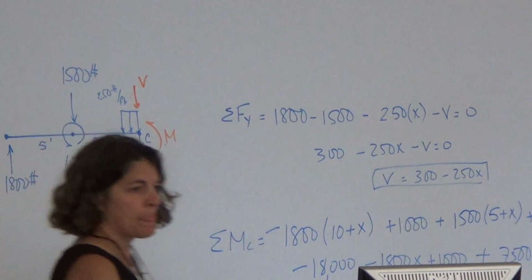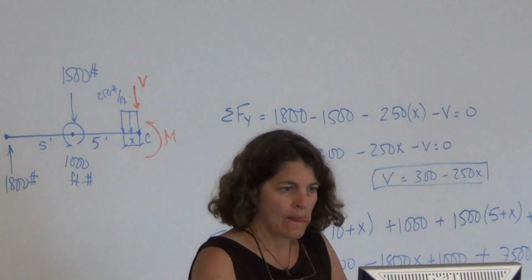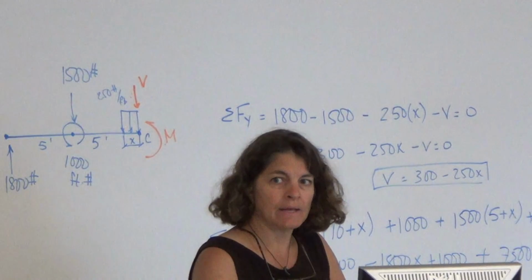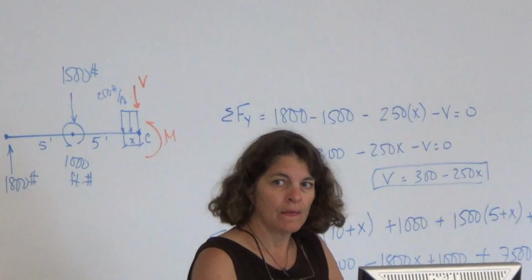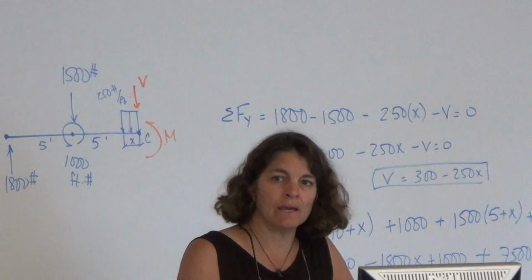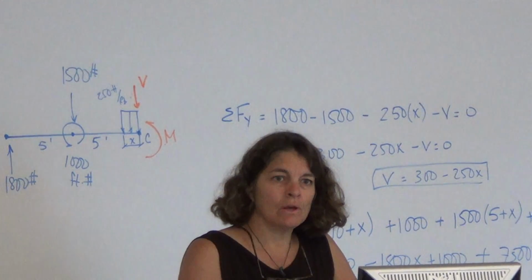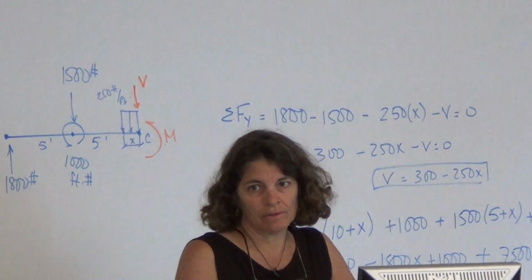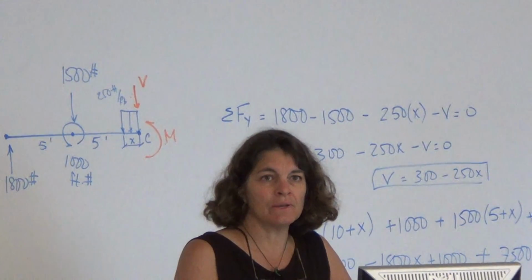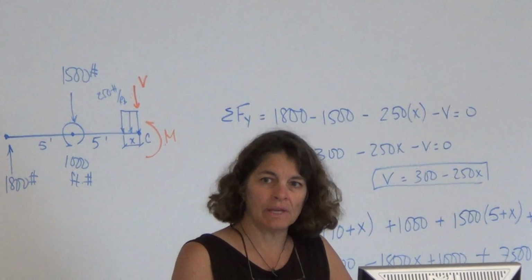Too many Chris's. Okay. So that moment is positive, right? Because of the right-hand rule. Let me say this, and usually when I say it, 10 people won't get it. It's not so much that you get this part, and that's why I was thinking of leaving it out.